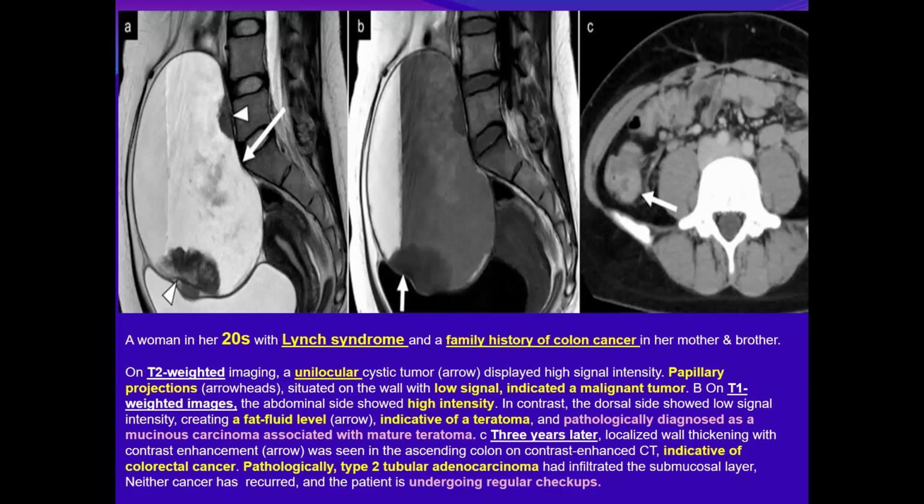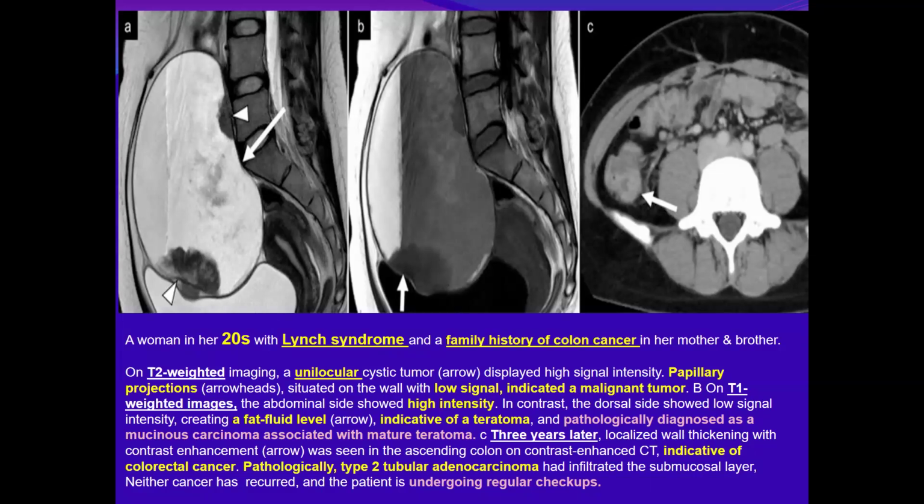This patient, 3 years later, had this CT with localized thickening of the cecum or the ascending colon, again on her right colon, indicative of colorectal cancer, proven to be type 2 tubular adenocarcinoma.